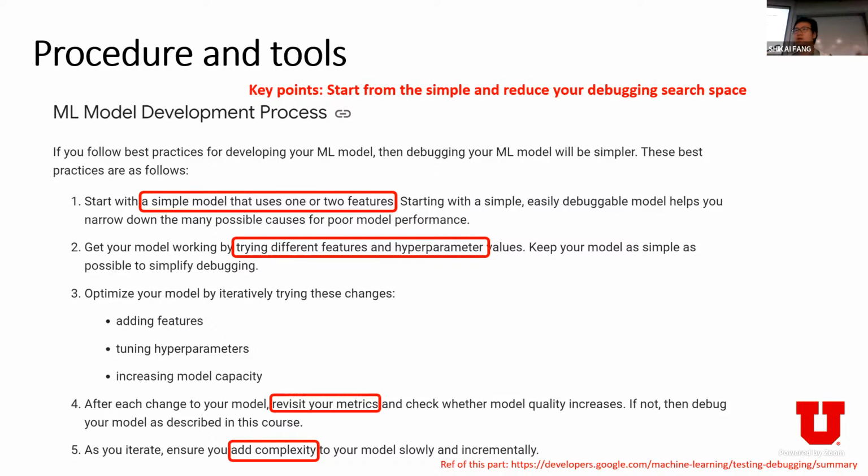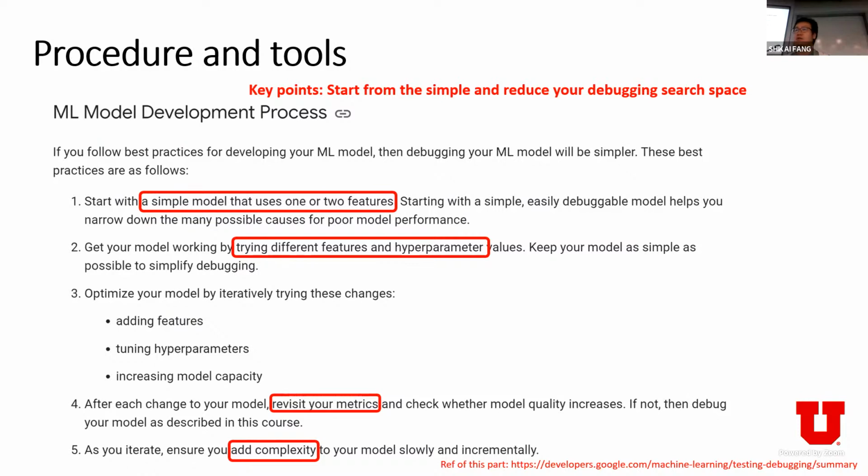For example, if you want to build a decision tree, you can find some data set with maybe 3 or 5 features, so the height of your decision tree is relatively low, and it's easy to find what happens.